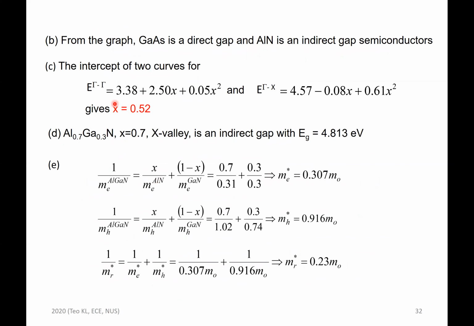So you can read it off, or substitute into the gamma X value for 0.7. You get 4.813 eV. The intercept of the two curves you can read from the graph, or you can equate these two equations to get x equals 0.52.